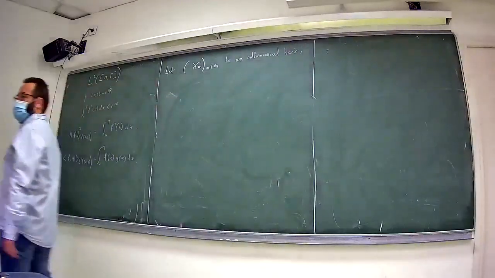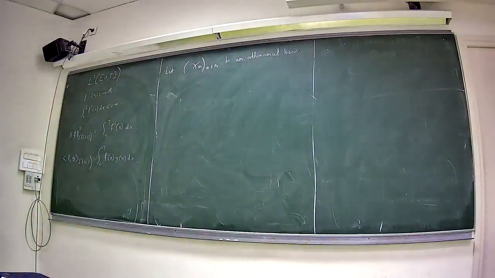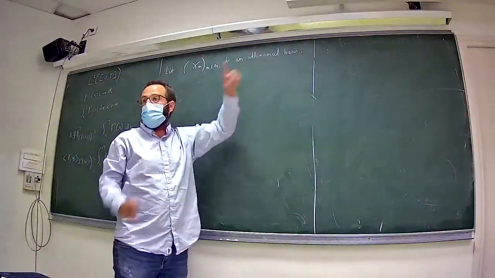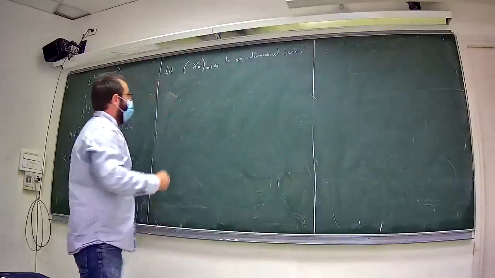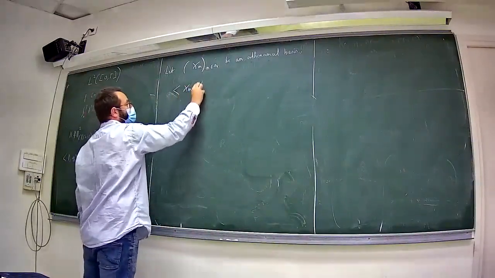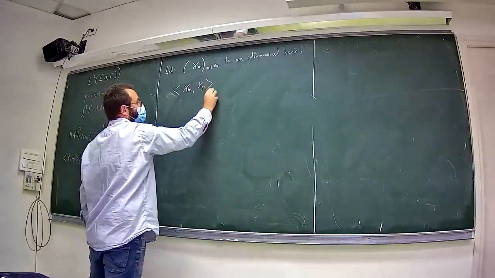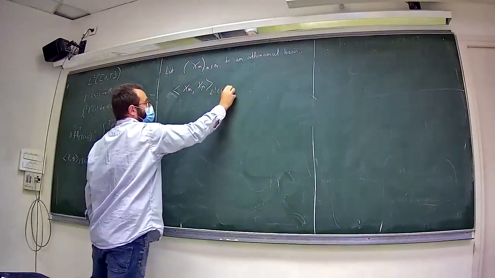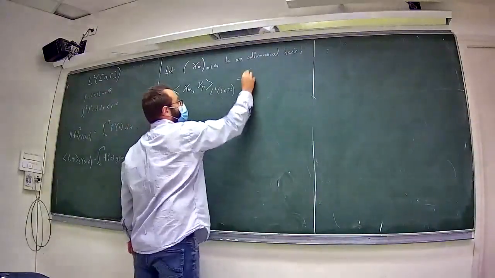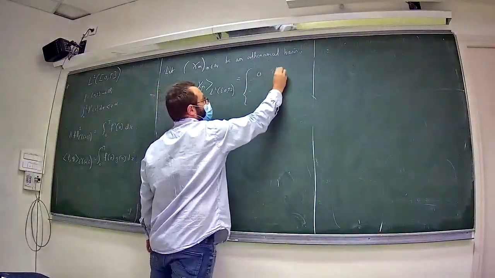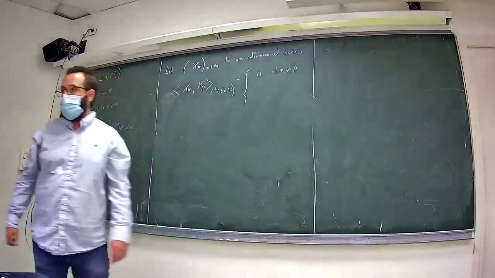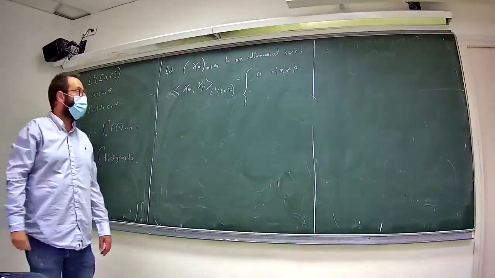What is the meaning of being an orthonormal basis in this situation? I have ortho and normal. Ortho means I have orthogonality. That is, if I consider the scalar product between two elements of this type, I have something that is 0 if n is different from p, meaning that I have orthogonality in the sense of my scalar product.